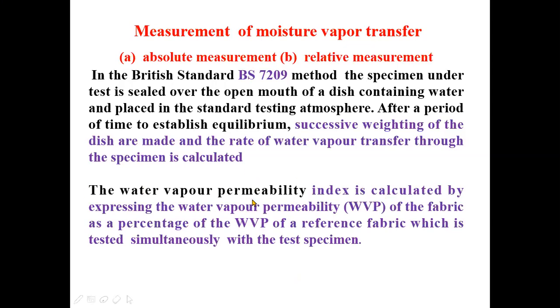That means there are two specimens, one is the test specimen, another one is the standard specimen. These two specimens will be tested for water vapor permeability, and thereafter the water vapor permeability of the test specimen will be expressed as a percentage of the standard fabric. Okay.